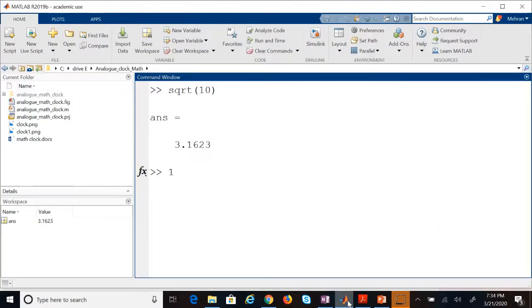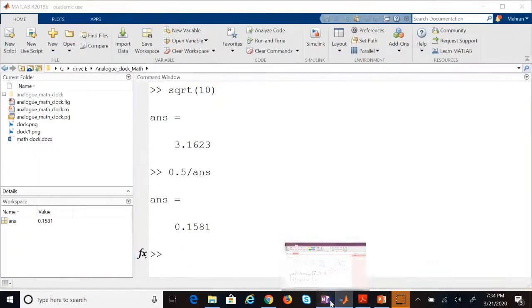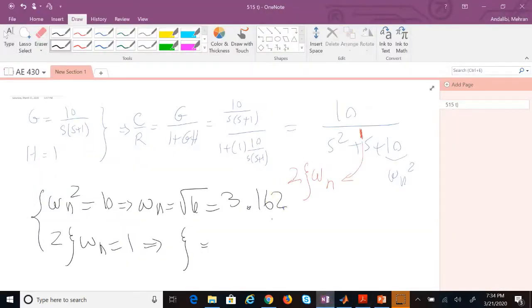So 1 over 2 means 0.5. So 0.5 divided by this omega n answer, you see that it's 0.1581. Okay, and I just write it 0.158. Let's use 3 decimals to go standard.